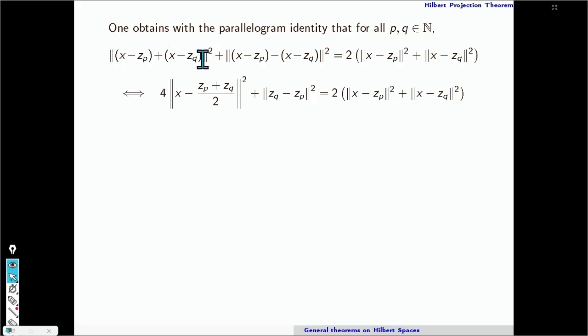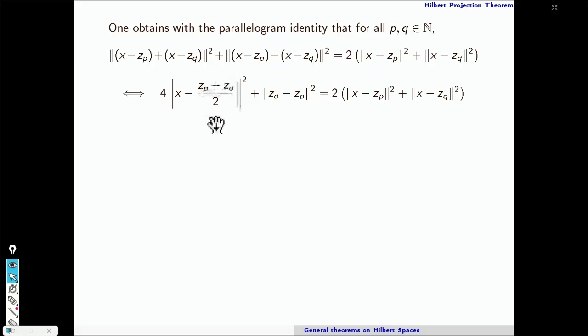Here I have their sum norm squared plus the difference norm squared, and by the parallelogram identity, it is equal to 2 times the first vector squared plus 2 times the norm of the second vector squared. So here I have x plus x, I factorize the 2, and here I have zp minus zq. With the 2 factorized and squared, it gives 4.